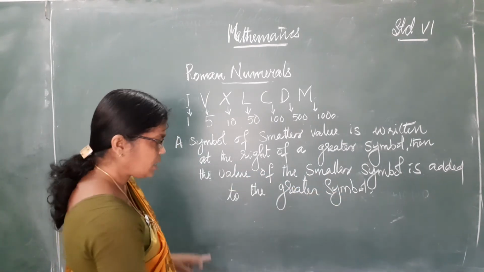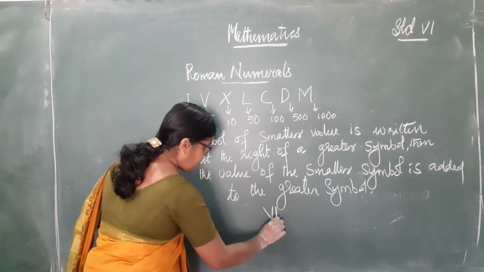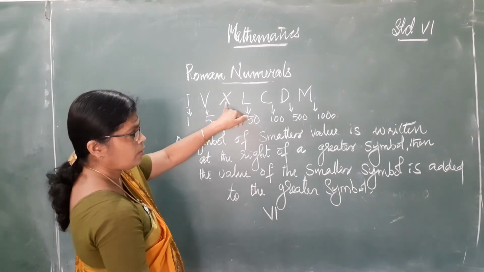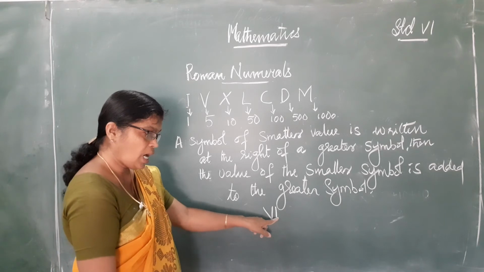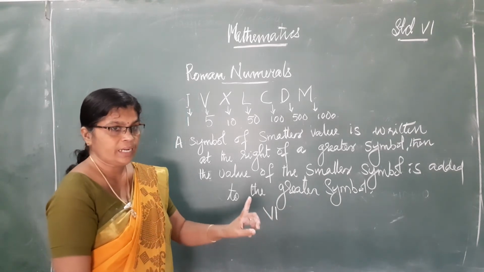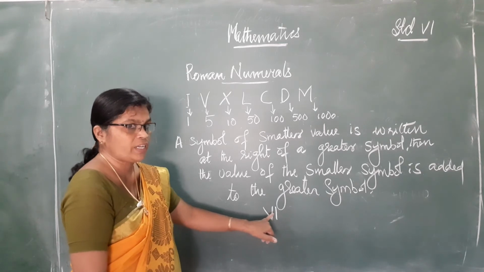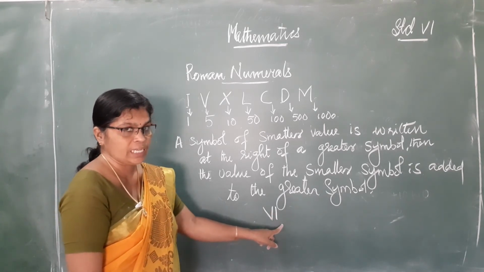Okay, that is, see here, V and I. What is the value of V? V is 5, isn't it? I is 1. See here, the smaller value is written to the right of a greater value. V has greater value than I, right?